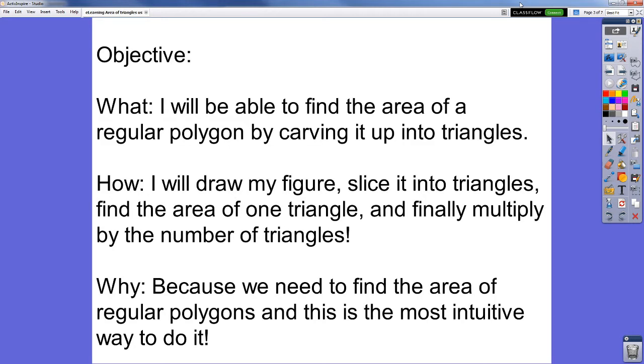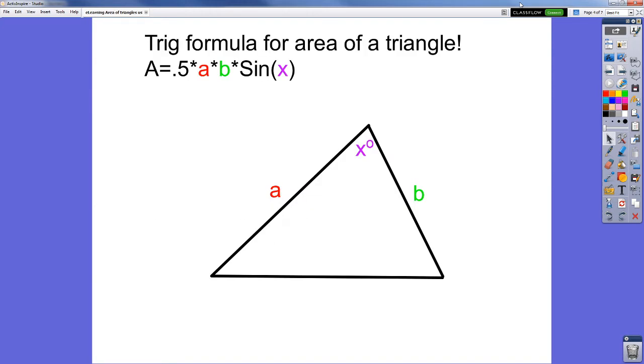And then, as I've been saying, our eventual goal is to find the area of a regular polygon by carving it up into triangles. So here's the thing. We need to know how to find the area of a triangle that we don't have all the information for. What we're going to talk about here is how to find the area of a triangle when you have the things that you need.